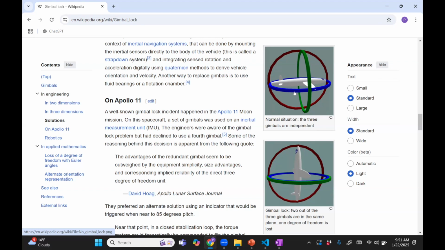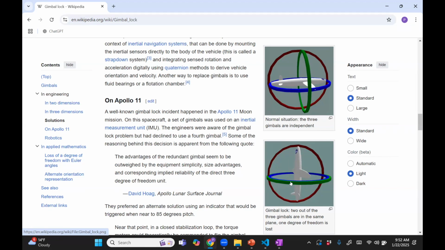Okay, so if you now take the green, the y-axis, and you first spin it by 90 degrees, you're taking this and turning it about this axis. When you turn that, the green lines up with the blue. Once those two axes become parallel, you can no longer represent a rotation about the blue or the green, because those axes are parallel.